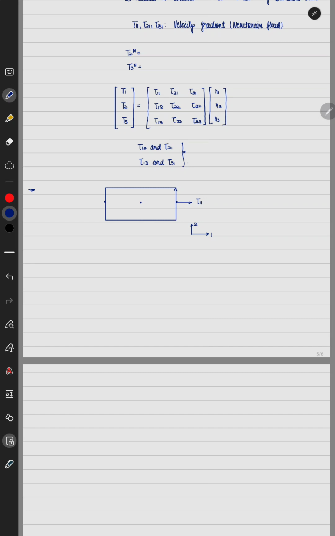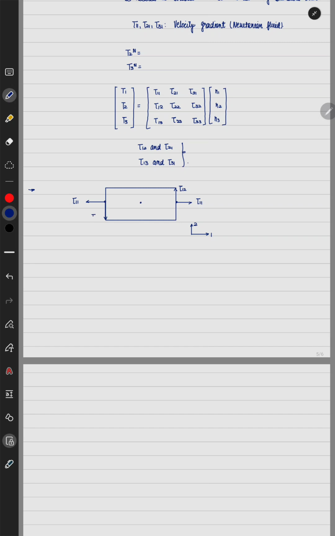For this, the area is oriented along plus 1 and the force will be oriented along 2. On this area, if I draw, the area is oriented along 1 but minus 1, so the direction of force will be negative and it will be written as 1. Now for tau 12 I will draw like this.